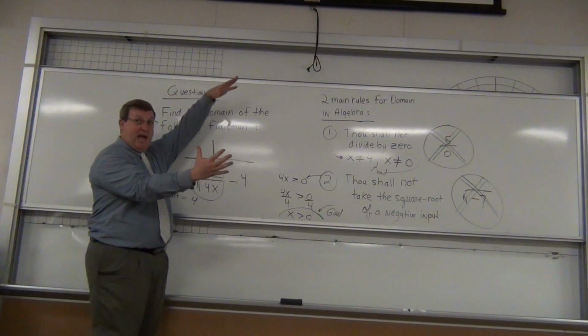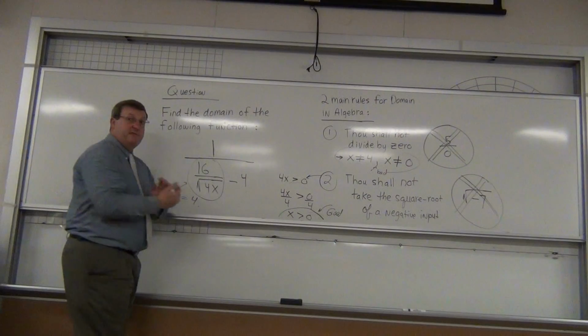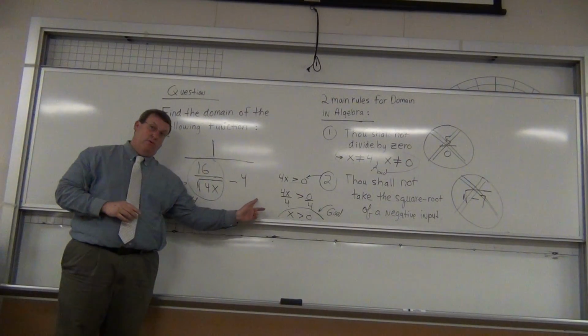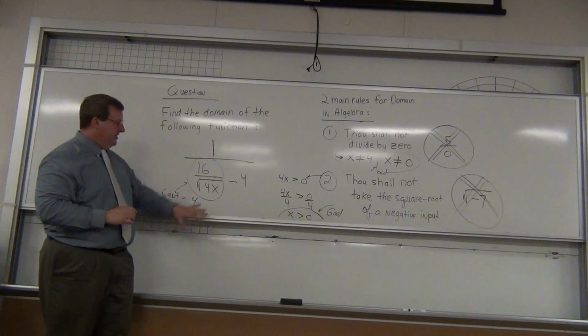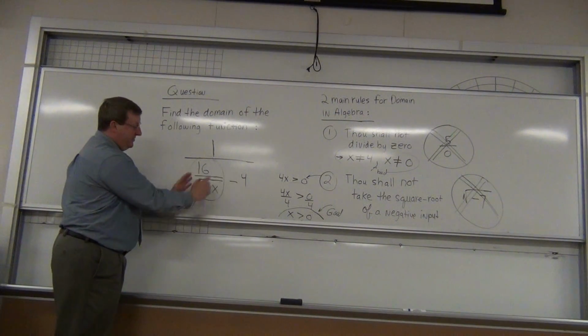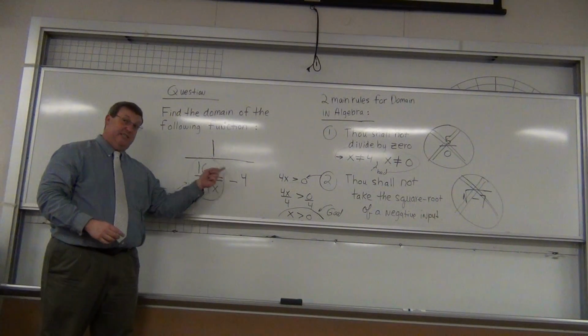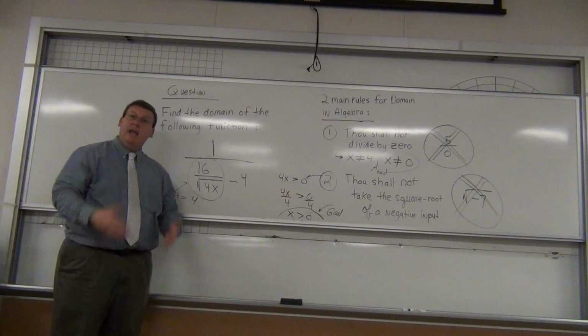Let's look at the bigger outside fraction. 1 divided by something minus 4. You see the minus 4 right here. My question to you is, what would this circle, what would that have to be to cause problems? 16 divided by the square root of 4x. What would this have to equal to cause problems? Yeah, good.